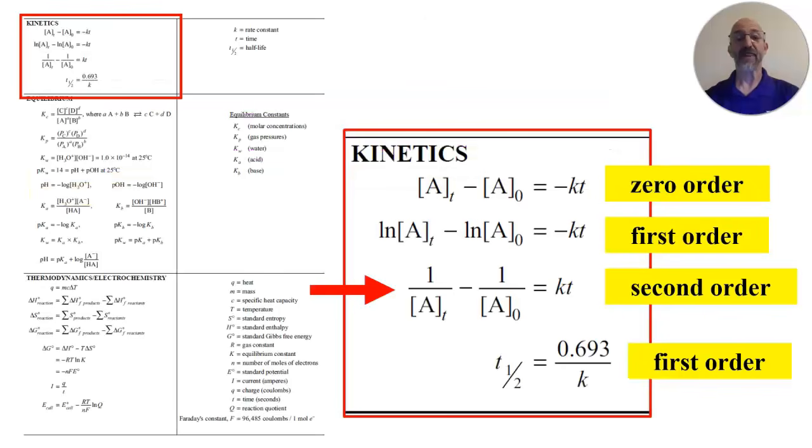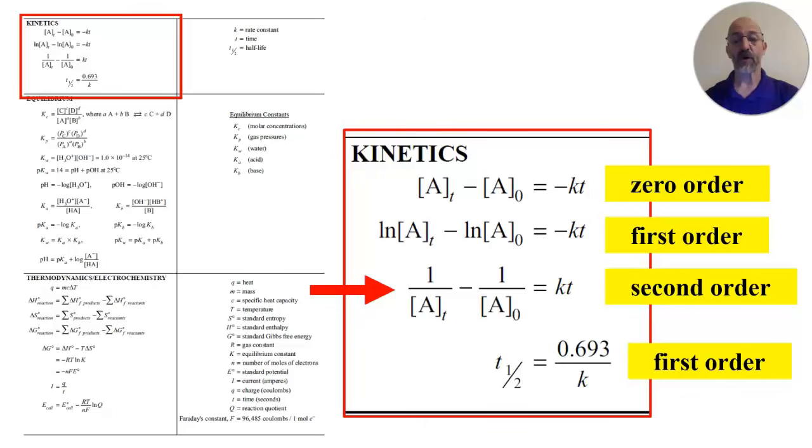So if we look at this particular equation, this is the second order equation. This is where that linear relationship comes from. The linear relationship of the reciprocal of concentration, where 1 over the concentration at some time t minus 1 over the initial concentration at time 0 is equal to k times t.